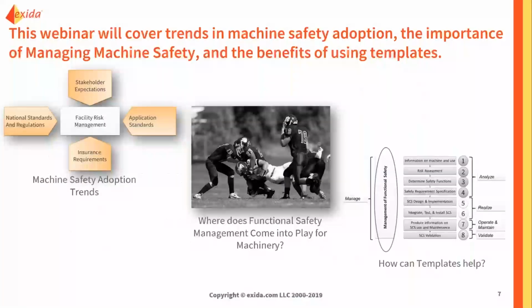And so as we dive into the details on our webinar, we're going to focus on three main areas. We will start by covering the trends and looking at the machine safety adoption standpoint, where the industry is going, what are some things that we're currently seeing there.